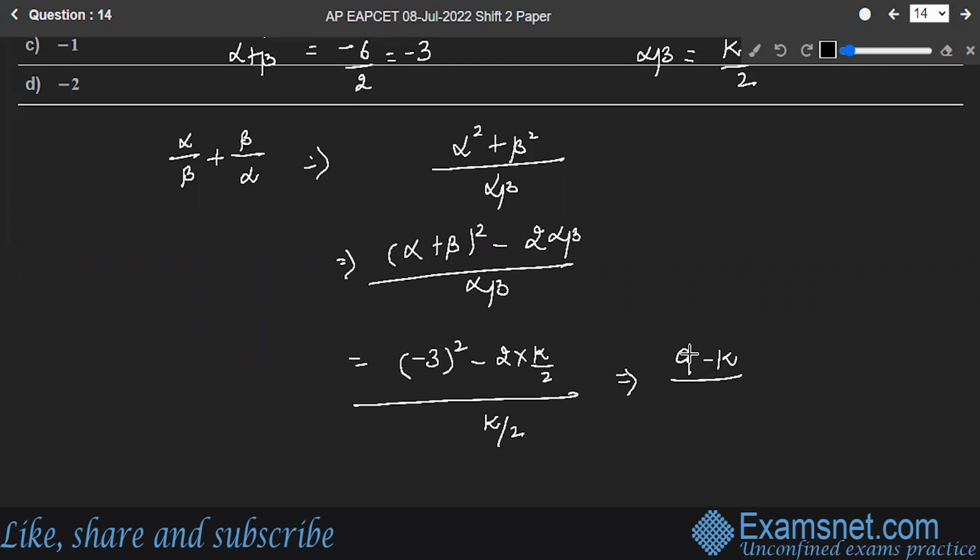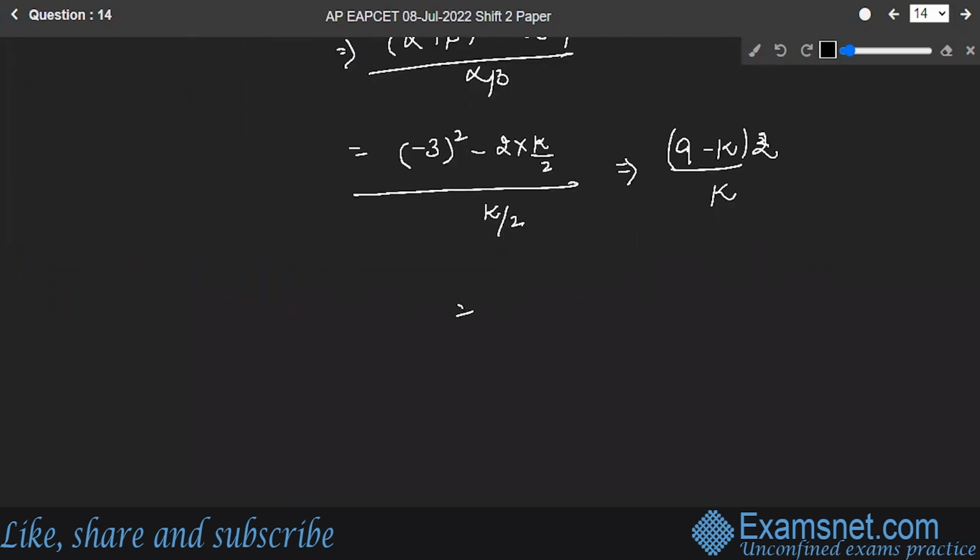You'll take the 2 on the upper side. 2 will be here and k will be in the denominator. So you will have, this is equal to 18 upon k minus 2, right?